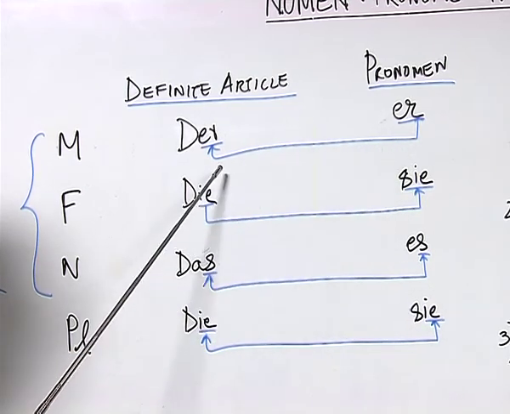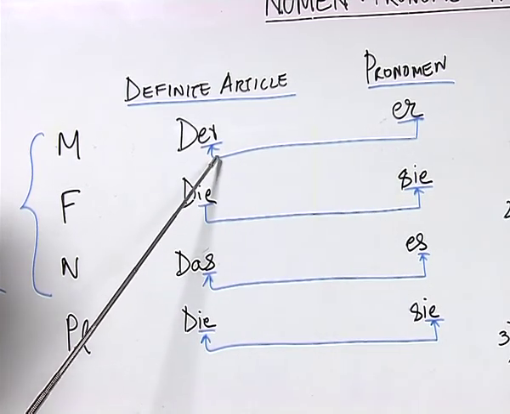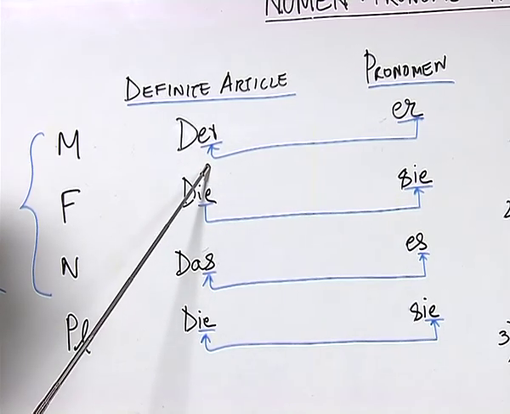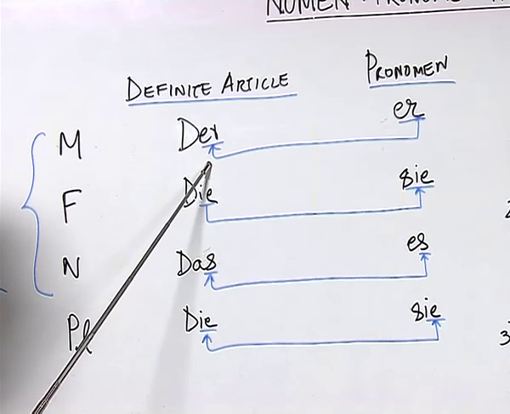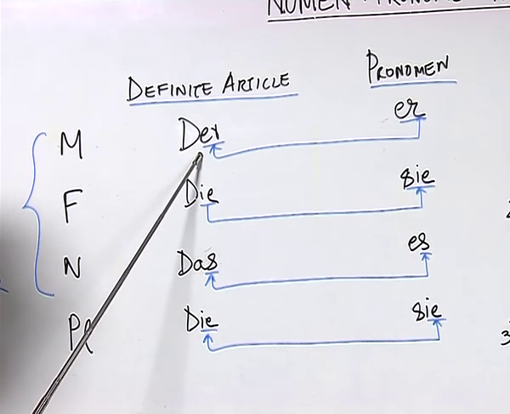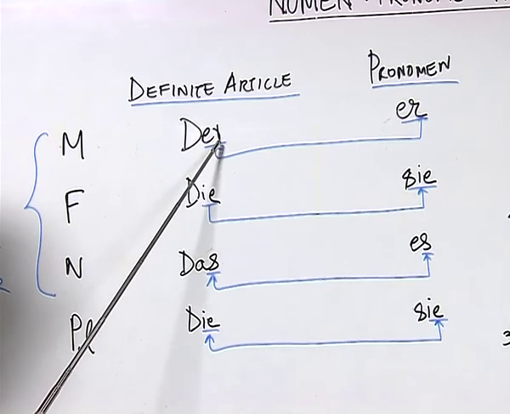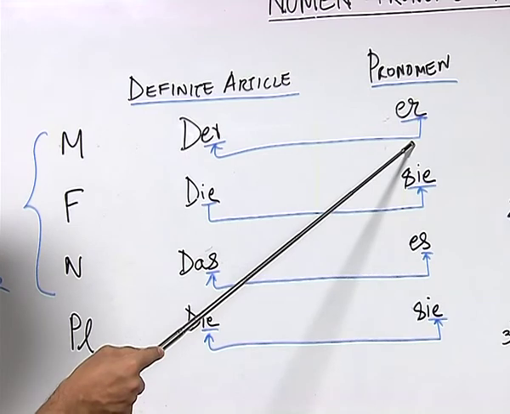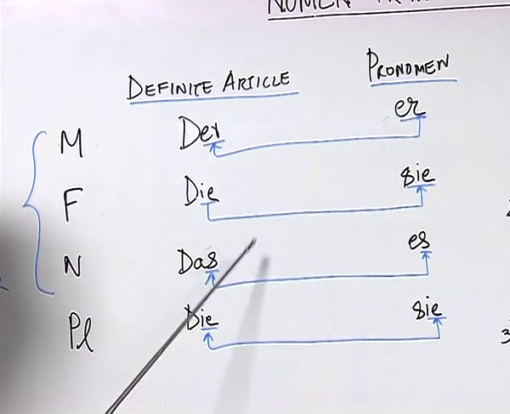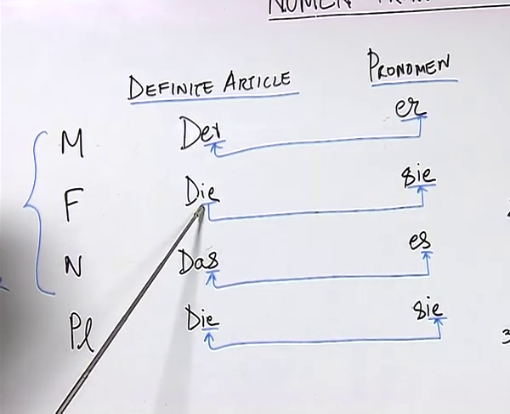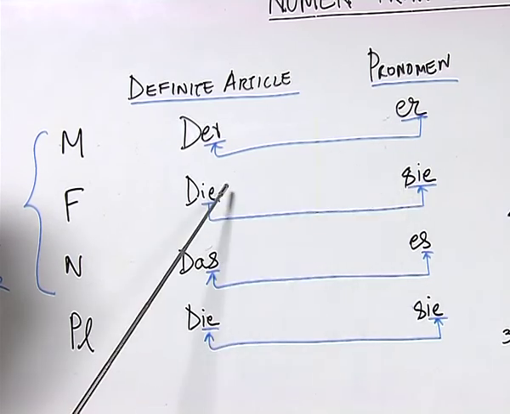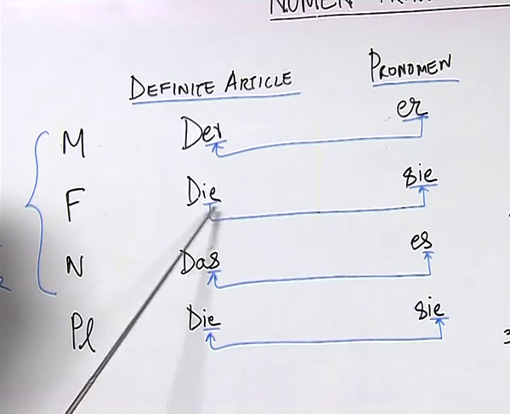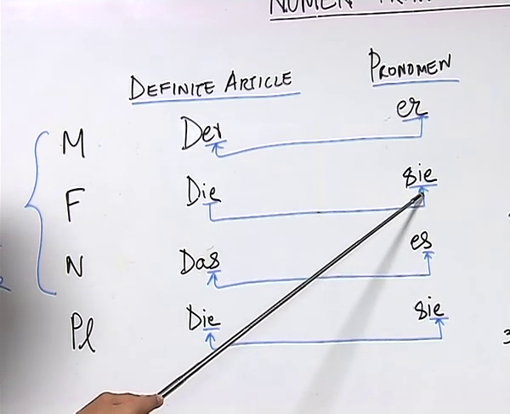Also, if you want to understand how a definite article gets converted into a pronoun, you have to just closely follow the ending of the definite article. As you can see, the ending er of der is used to replace the noun and convert it into a pronoun with er. Similarly, for the pronoun sie, we take the ending ie from the definite article die and add an s to it, which makes it sie.